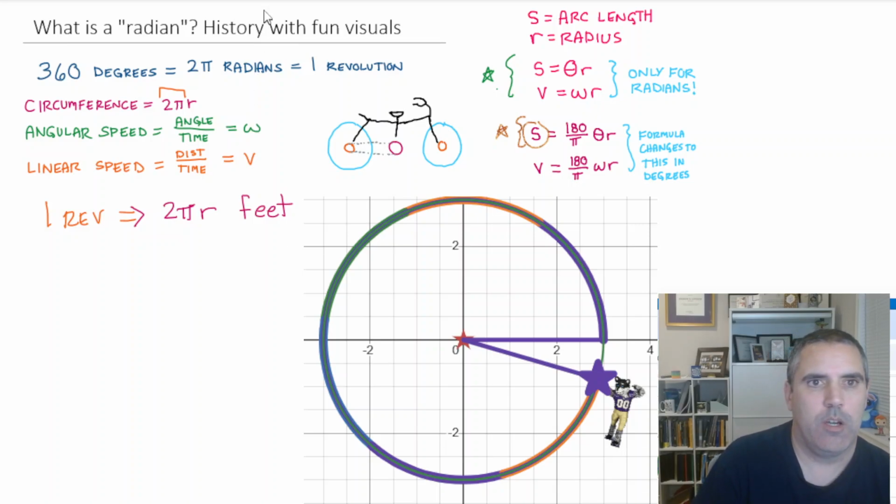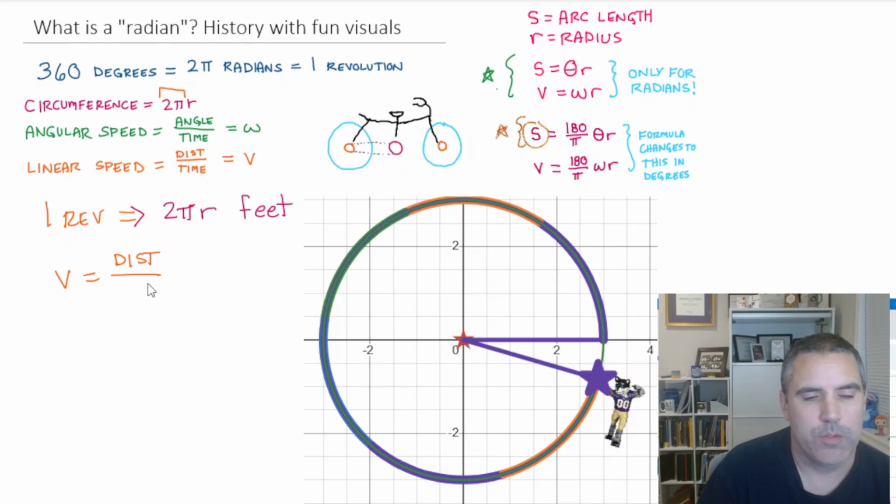Okay, so a few little comments before I say more here. So what we get is linear speed is defined to be distance over time. The distance Harry has traveled is his arc length.